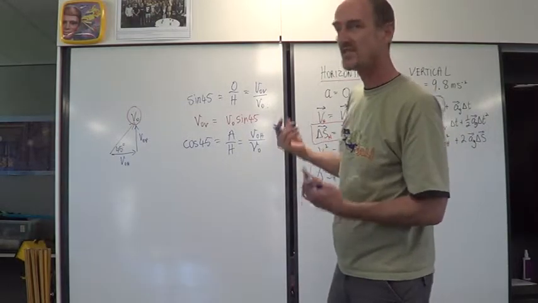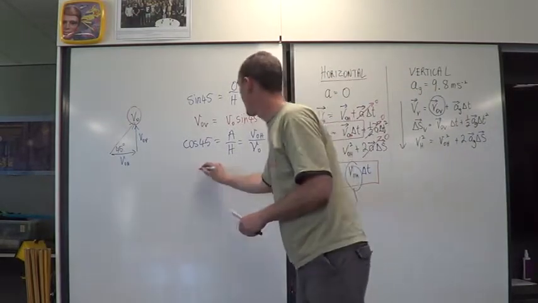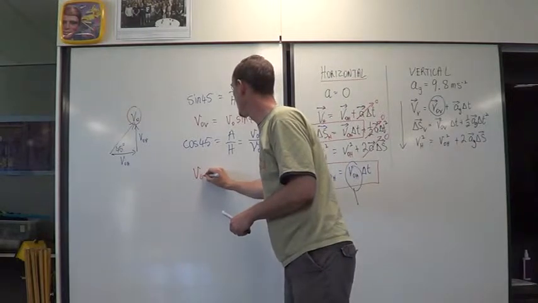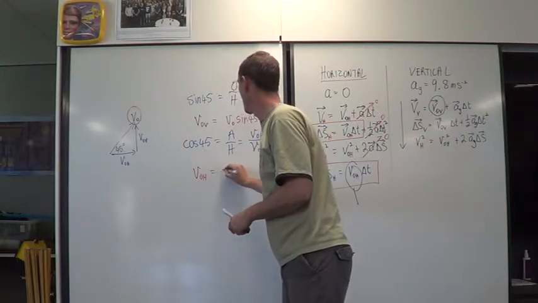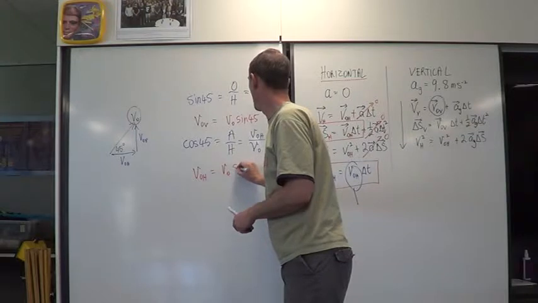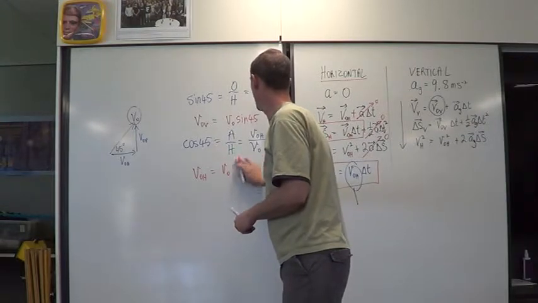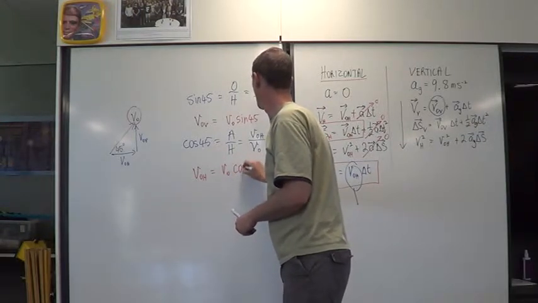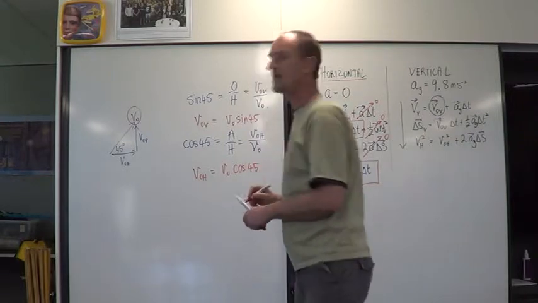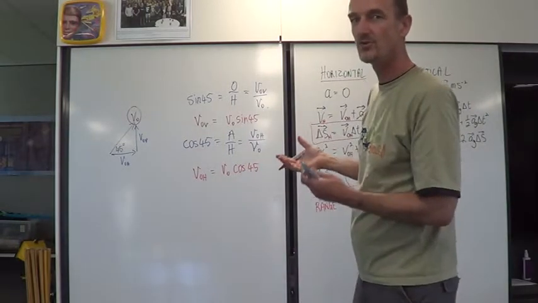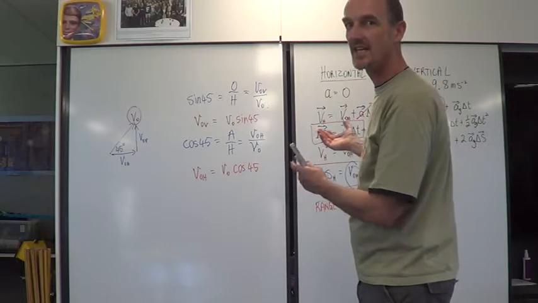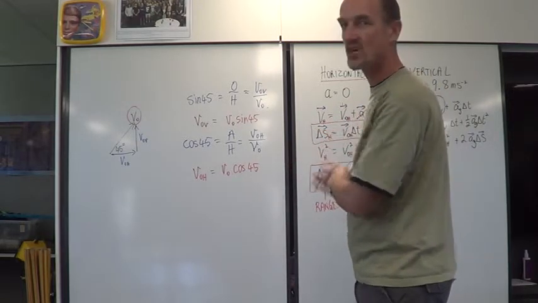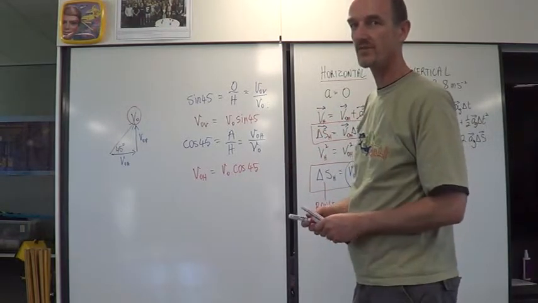So rearranging that, the initial horizontal velocity can be understood as being v0 times cos of 45 degrees.